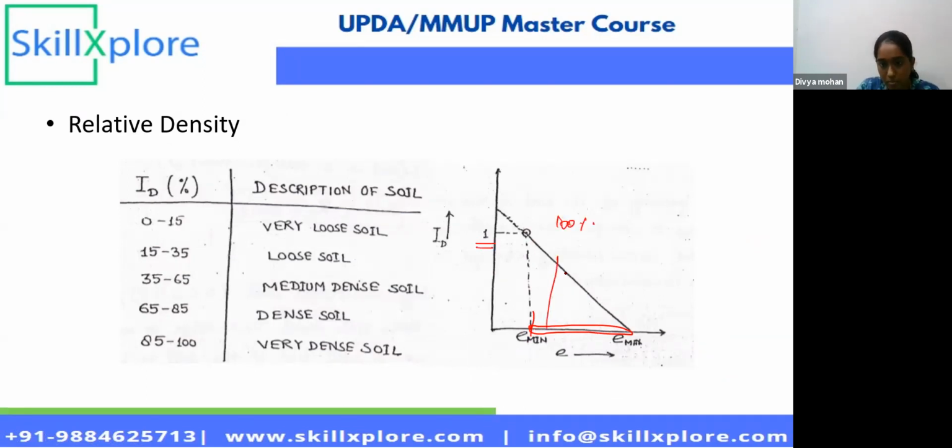However, the natural e will not be present in this area, so I_D will not be greater than 100%. We have to be very clear that I_D can take a value from 0 to 100%, however it cannot go more than 100%.